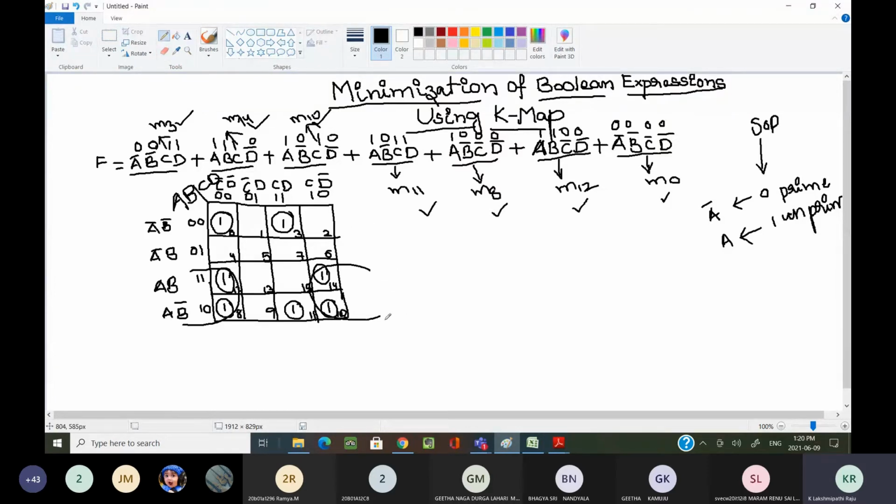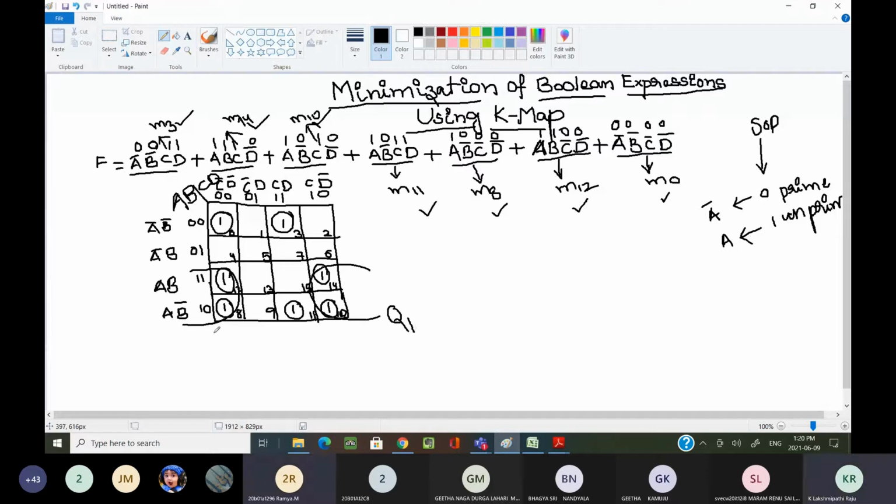We can fold the map horizontally as well as vertically. Whenever you are folding the map horizontally, row wise, then these 4 min terms are forming one quad. Now, can you tell me any other possibility?